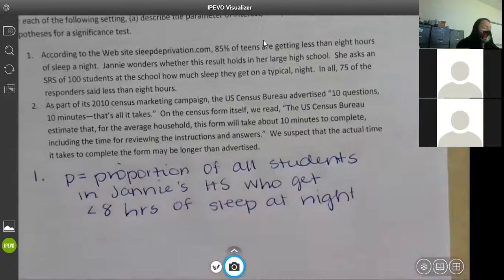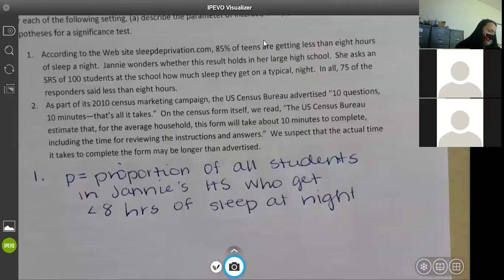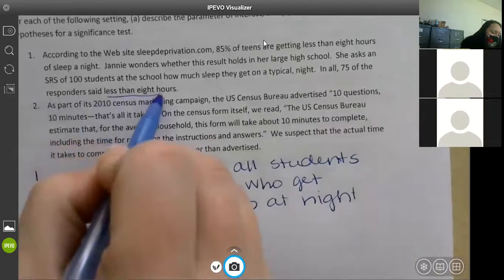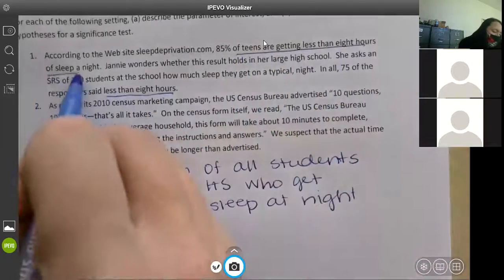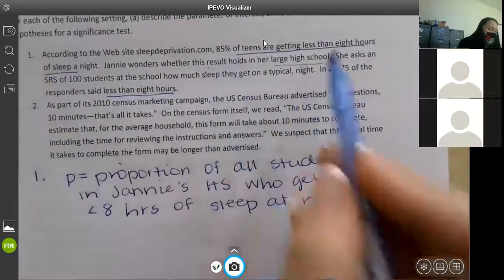Yes, you need to be that specific, okay? Where did that come from? Right here, okay? Teens are getting less than 8 hours of sleep at night, and she's wondering about her high school, okay?